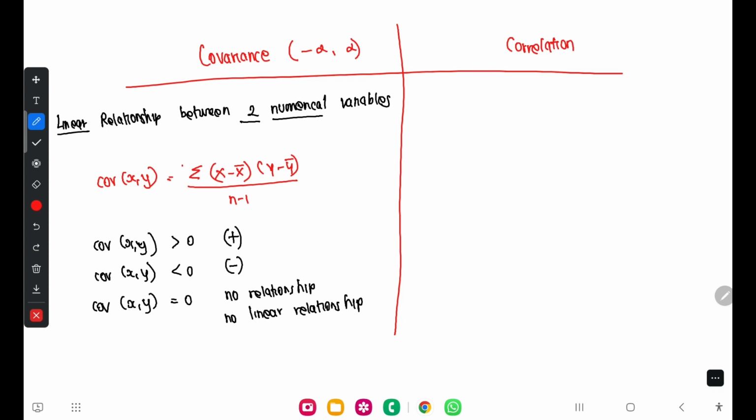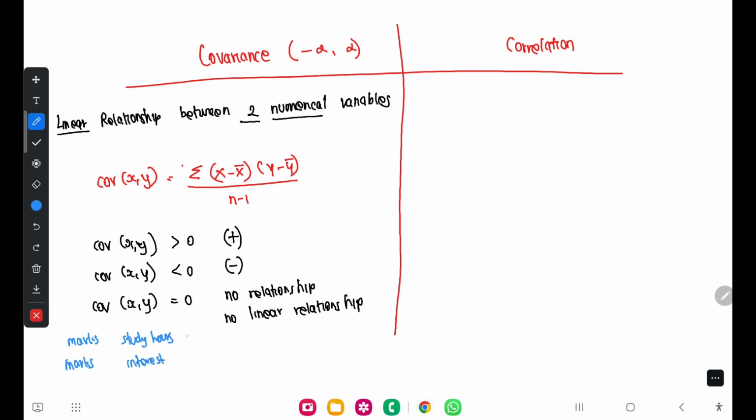Now the problem we see in covariance is that it's dependent on the units of measurement. For example, say I'm going to find the covariance between marks and study hours, and between marks and the interest in the subject.